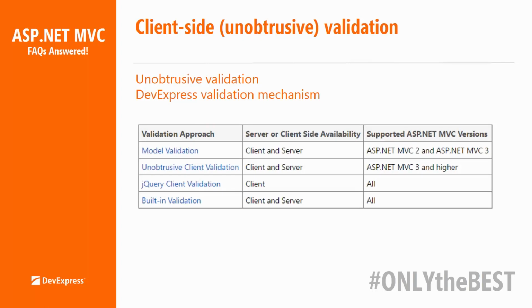But with validation, a whole bunch of JavaScript was being rendered in, so with version 3 of MVC they decided to use specific HTML5 attributes to define the validation rules. So it all looks nice and pretty clean again. It works on the client as well as on the server, so that is important.